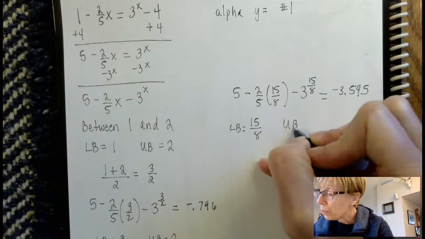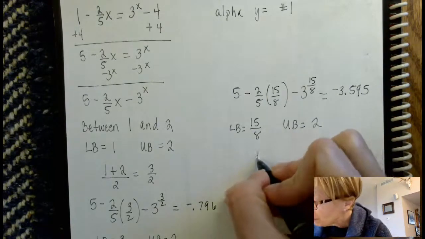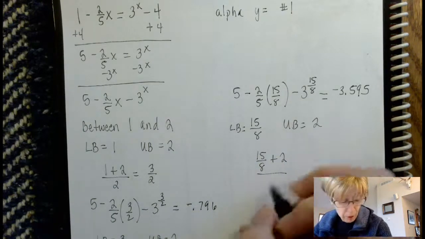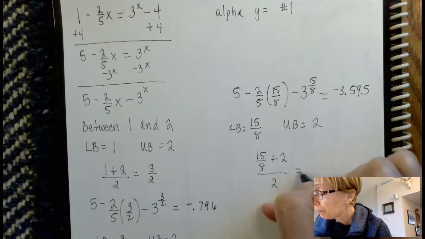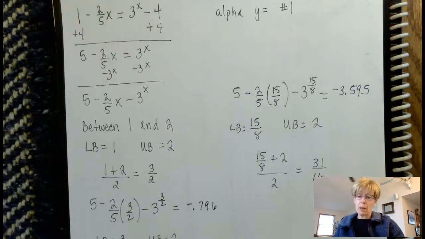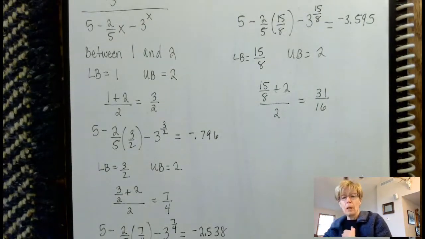We're going to keep our upper bound at 2. And then we can finish the problem because we're going to take the average of these. 15/8 plus 2 divided by 2. And I ended up with 31/16. You can't see that, but let me scoot that up there.